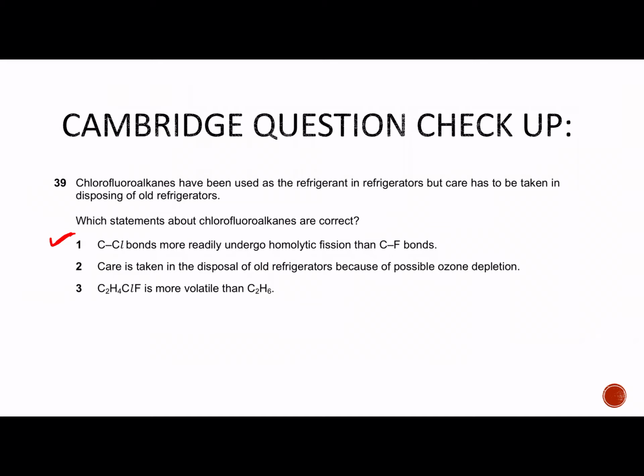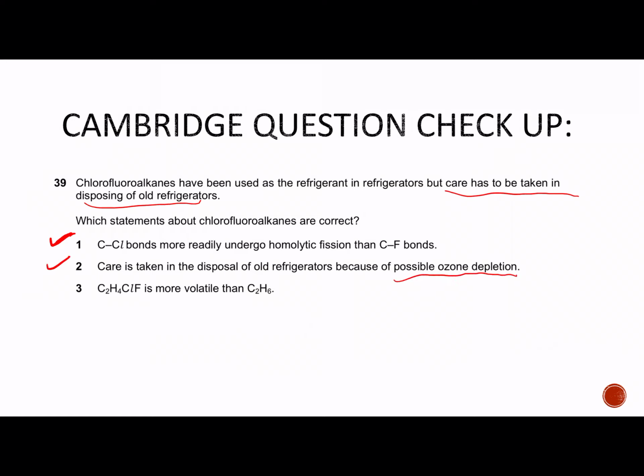Number 2, care is taken in the disposal of old refrigerators because of possible ozone depletion. In the original sentence, it says care has to be taken. And then yes, because the CFCs can cause the possible ozone depletion.